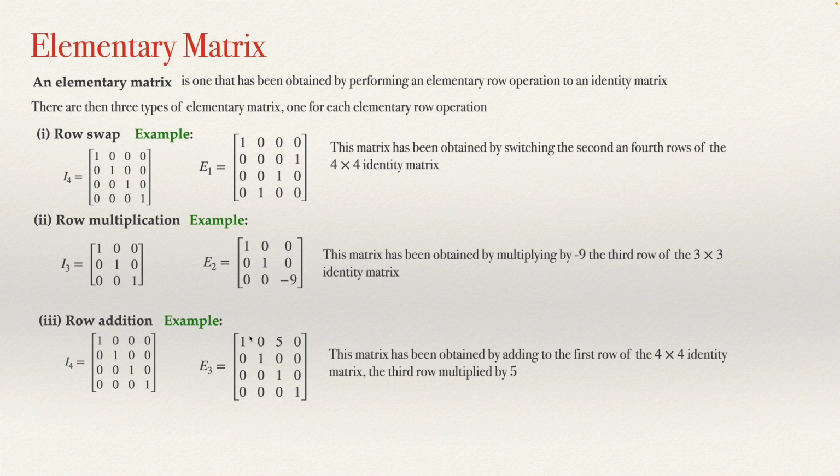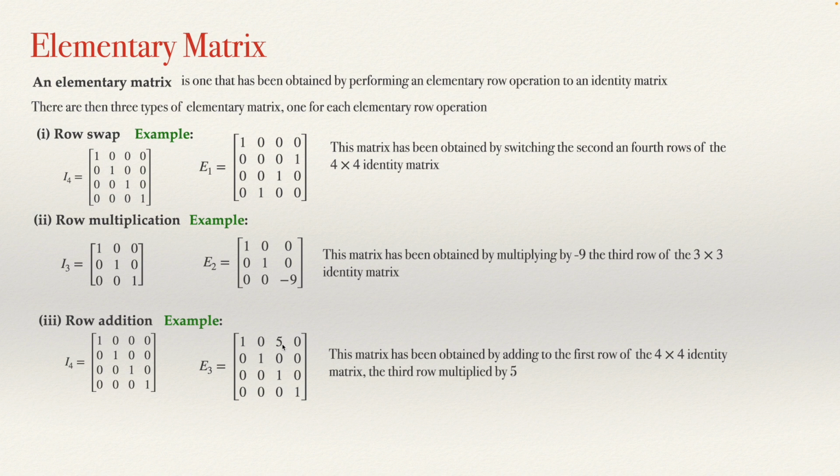Or sometimes we have a matrix in which all the elements on the diagonal are 1, but one of the 0s is a number different than 0. So it means that it was an identity matrix in which we have added to one of the rows another row multiplied by a number. So it's easy to recognize an elementary matrix. It's just seeing if there is something like the identity but one of the 0s is not 0.